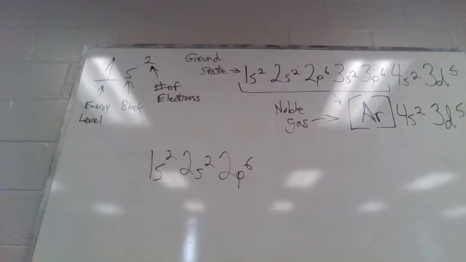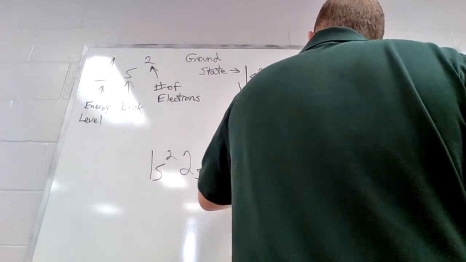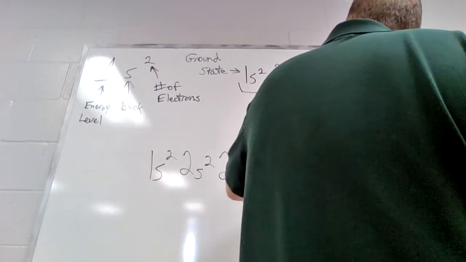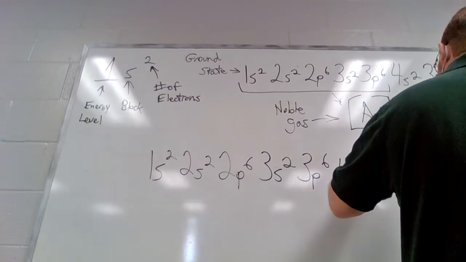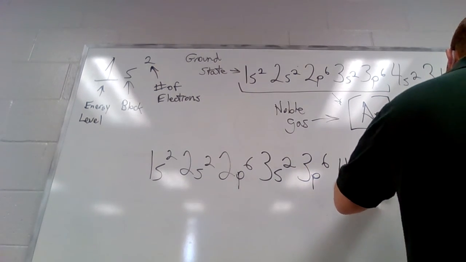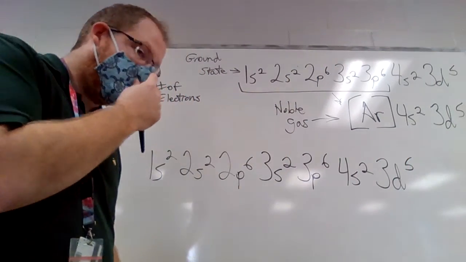So you just need to write it out like we already did and tell them what element it is. It's manganese. If it's neutral, it has the same number of protons as electrons. So you should have 25. But we'll go ahead and finish this anyways. 3s2, 3p to the sixth, 4s2, 3d to the fifth power, and that's where we stop.